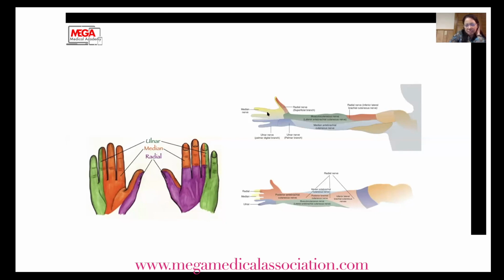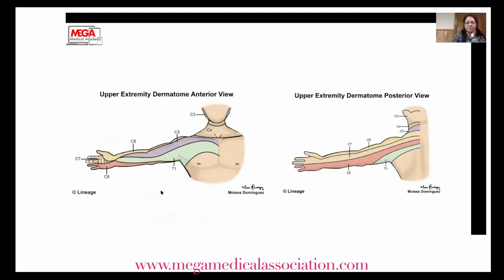The median nerve gives the nerve supply of the lateral 2.5 fingers anteriorly, and the ulnar nerve on the other side. Posteriorly you have the radial nerve instead of the median nerve, although the median nerve continues and covers some of the back of the fingers. So it's very important to know this anatomy.